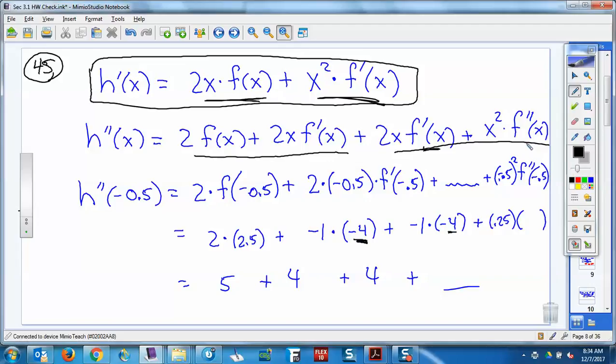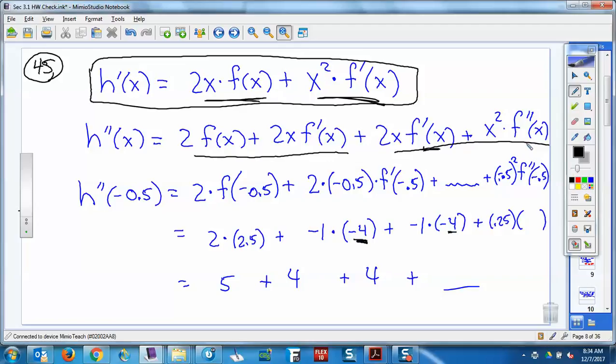What can you tell me about f double prime? F prime would be the slope. What's f double prime measure? Concavity. But we've never talked about how to measure it, right?